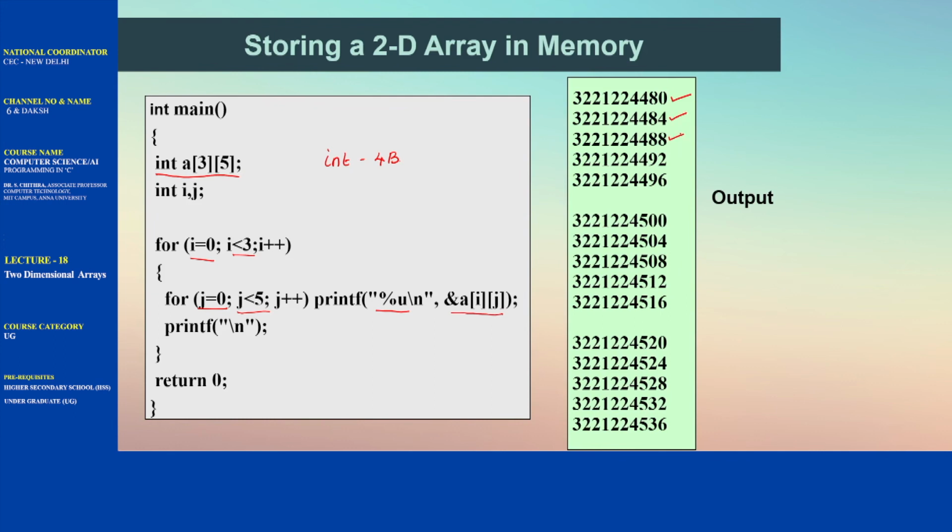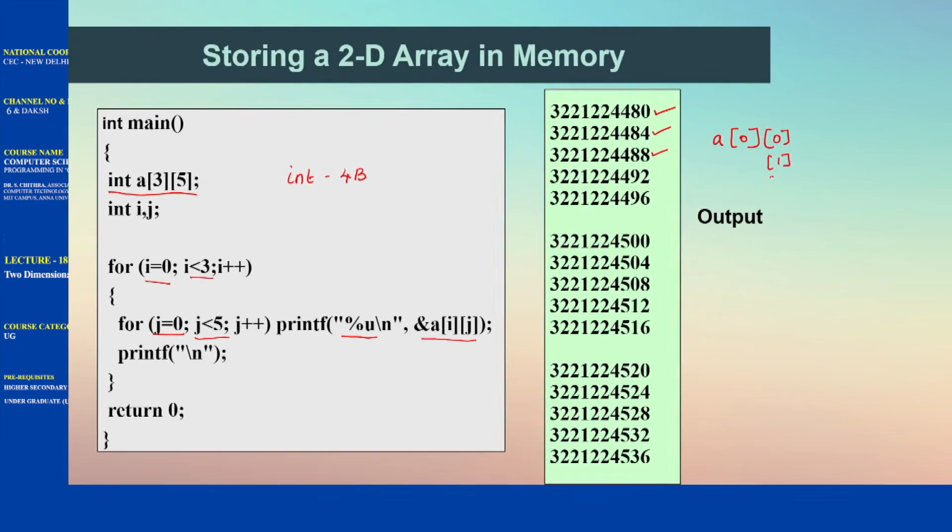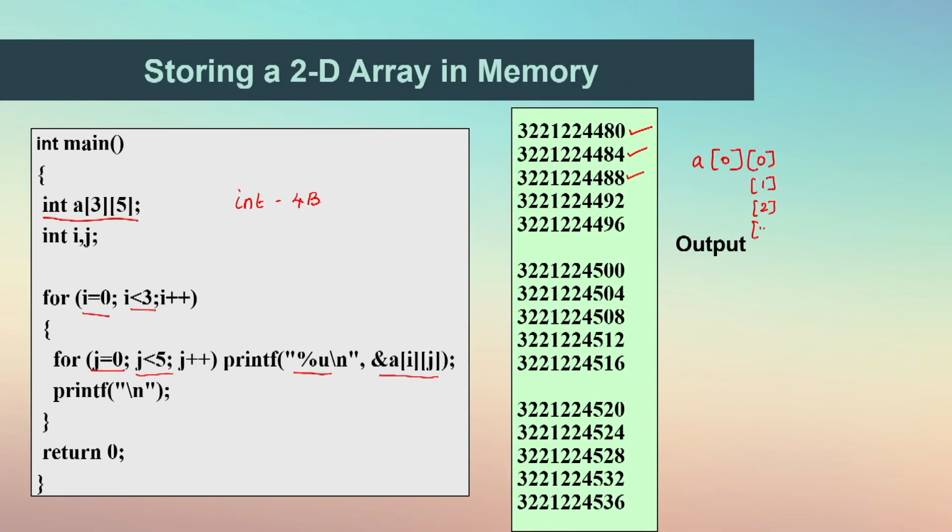So, in the first row, the subscript value is 0, and we print from 0 to 4, having the row subscript value to be 0. So, 5 elements, and then we will have to increment the row subscript by 1.